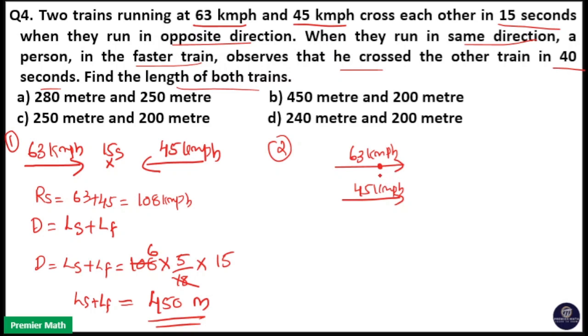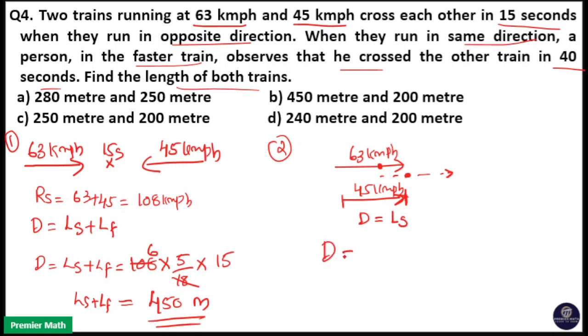That means if this person is sitting here and this train is moving, he crossed this entire slower train in 40 seconds. That means he covered the distance of the length of the slower train. He is here and he covered this entire length of the slower train.